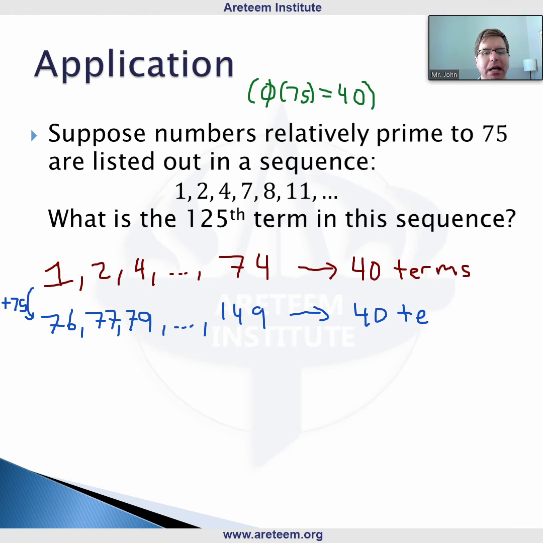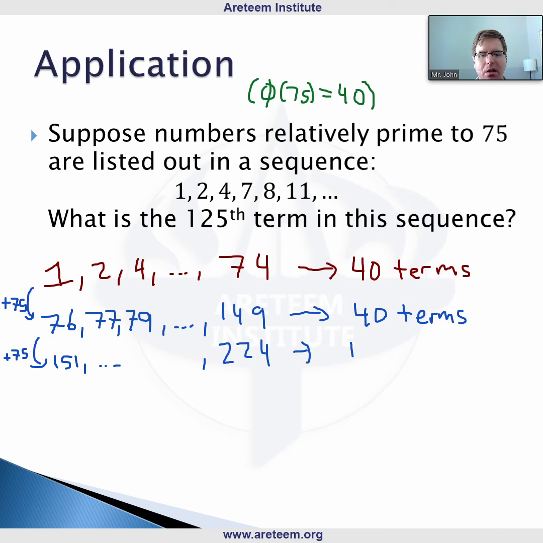So here we can start seeing a pattern. Let me do this again. We can see the same pattern there. I'm not going to list out all of the terms here, but we have 151 up to 75 times 3, so 225 minus 1, which is 224.